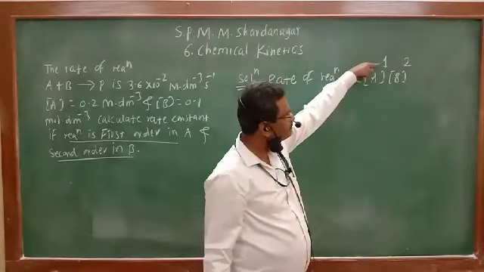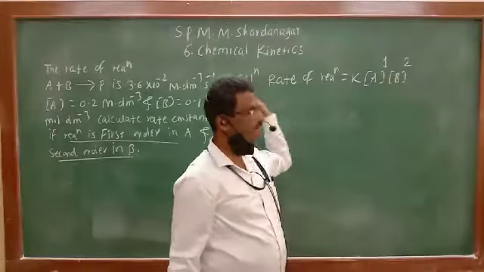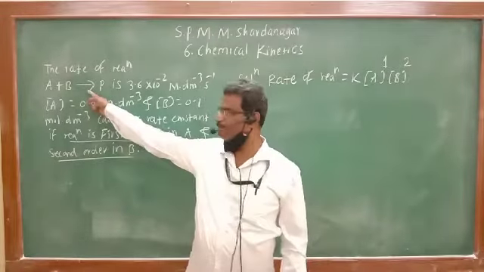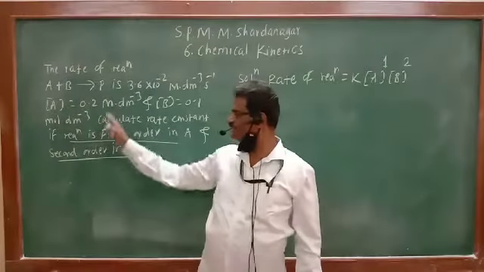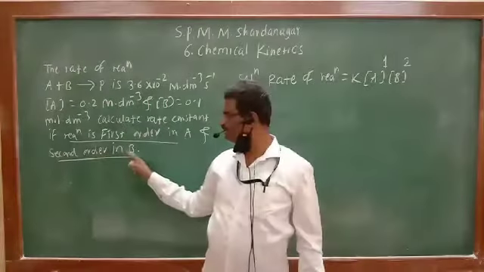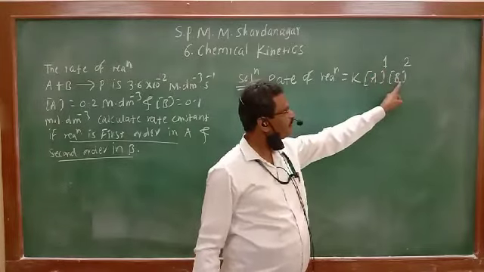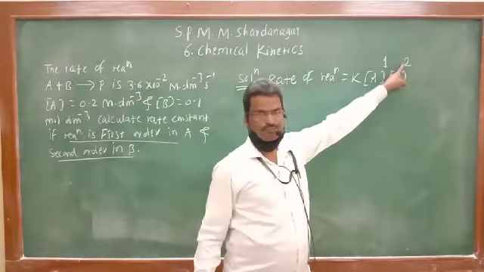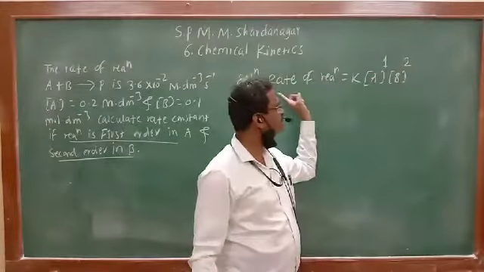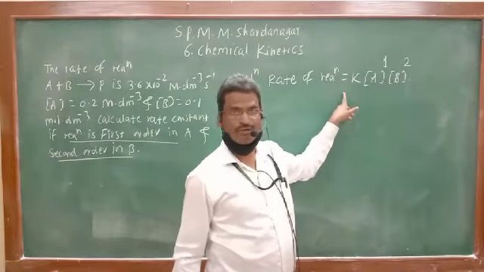X is 1 and Y is 2, because for that reaction A plus B, they have given that the reaction is first order with respect to A and second order with respect to B. Therefore, A raised to 1 but B raised to 2. This is the rate law equation, the experimental rate law equation.